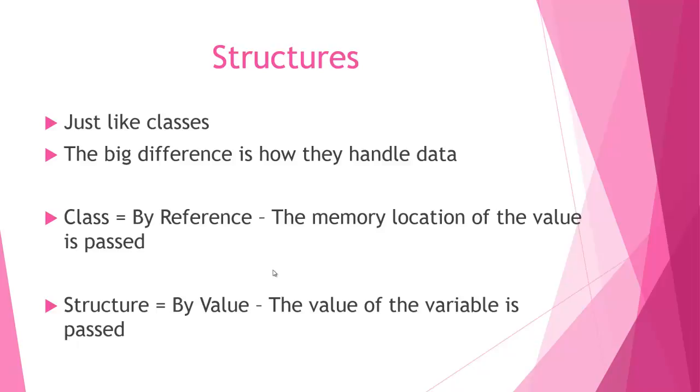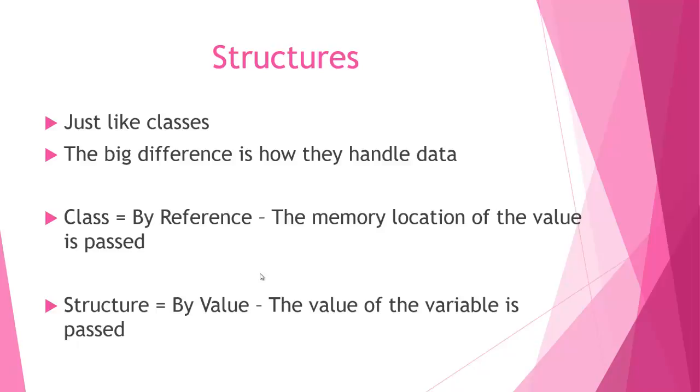A structure is exactly like a class. So everything about it is almost identical to a class. The big difference is how it handles data. So a class handles data by reference, meaning when something in the class asks for a variable, it doesn't pass the value of that. So let's say the variable is x, and then something says, hey, I need x.